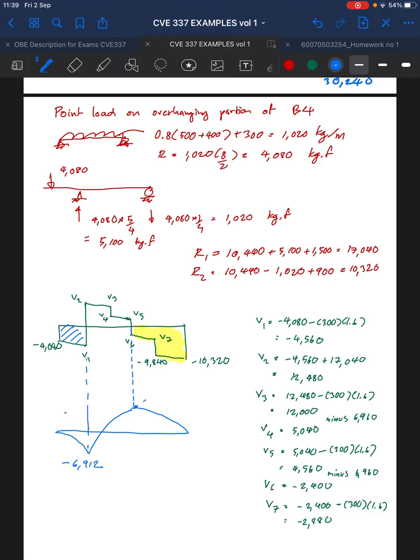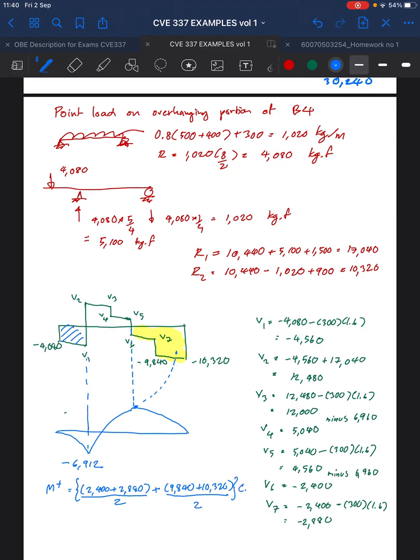All right. So this value comes from the area of your shear force diagram, which is V6 plus V7, so that's 2400 plus 2880 over 2. They are multiplied by 1.6, right? They are the same, so I am just going to factor 1.6 out, so that's 9840, 10320 over 2.